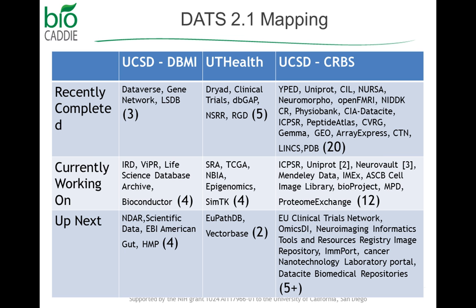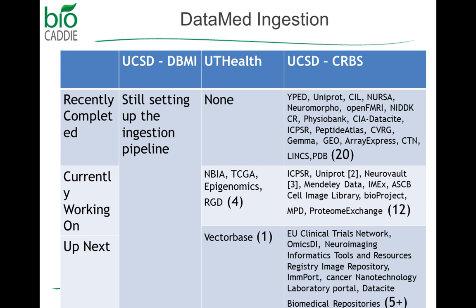I guess your team has not finished any new ones, right? Because you're still working on the pipeline. Correct. This is the mapping, and this is the ingestion part. They're still setting up the ingestion pipeline. That's correct.